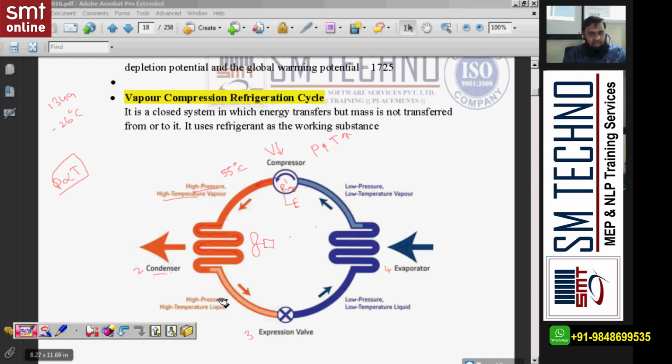So forced convection, and I'm drawing this line. This is HS, means high side, and this is LS, low side. So this fan will take the air from outside and throw on this coil. Suppose outside temperature say 45 degrees centigrade, and this refrigerant temperature 55, na.